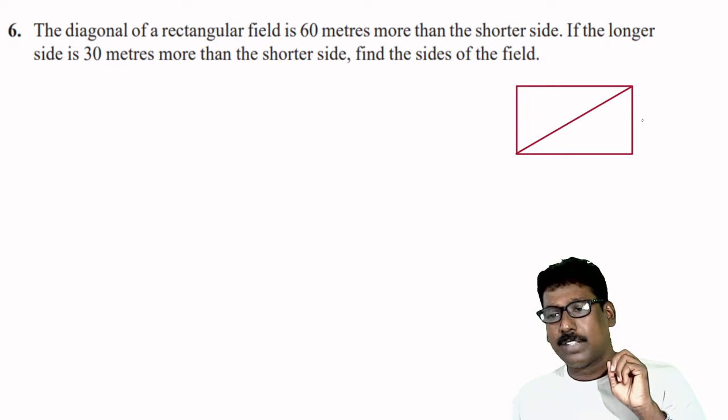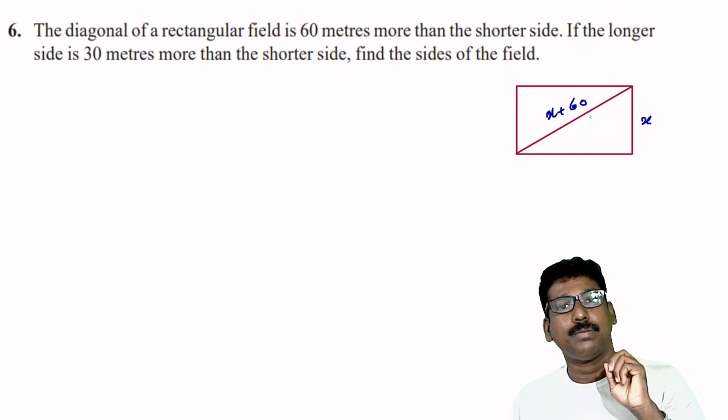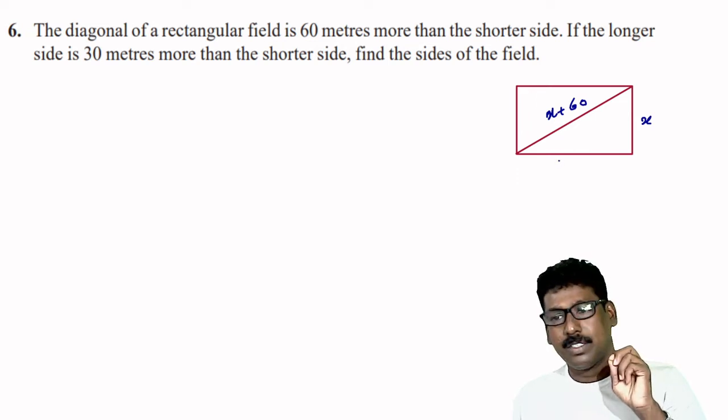Let the shorter side be x, then the diagonal will be 60 more than x, that is x plus 60 meters. And the longer side is 30 meters more than the shorter side. So how can you write it? It is x plus 30.